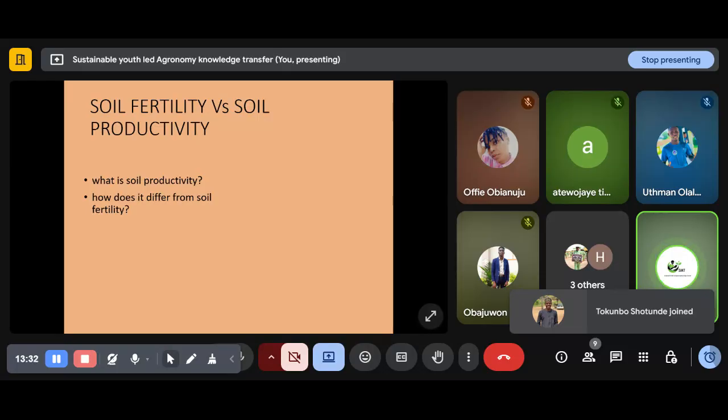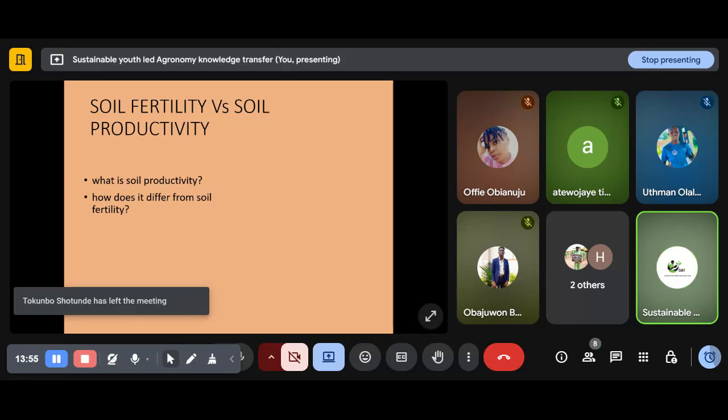So it is very important to know that soil fertility is different from soil productivity. If your soil is fertile and there is waterlogging, at the end of the day that soil will still not be productive, because productivity is the yield that you get from the soil. That is what we use to judge the productivity of the soil.